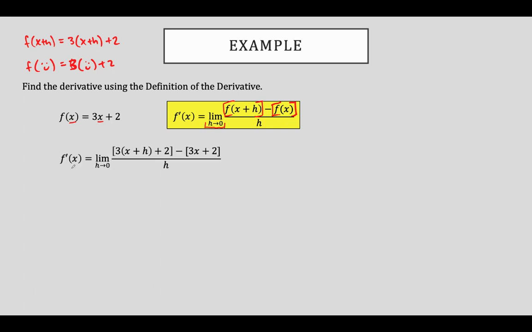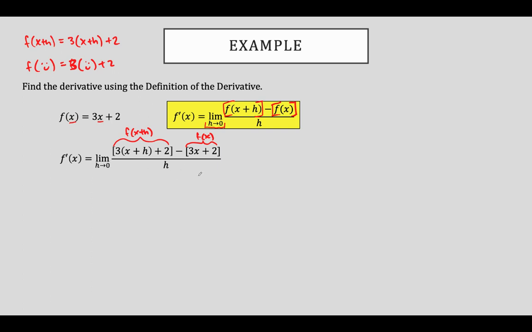So we have f prime of x is equal to the limit as h approaches 0 of 3 times x plus h plus 2. Notice this is the quantity f of x plus h, minus 3x plus 2. 3x plus 2 is the quantity f of x, right? F of x is equal to 3x plus 2, and we need to now divide by h.